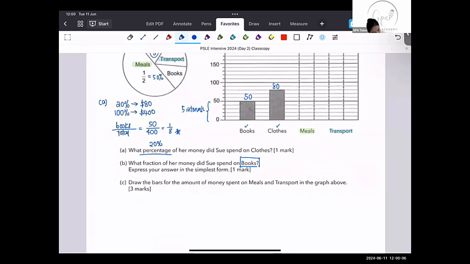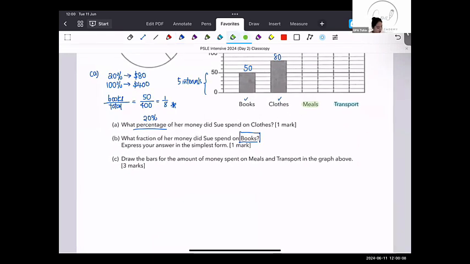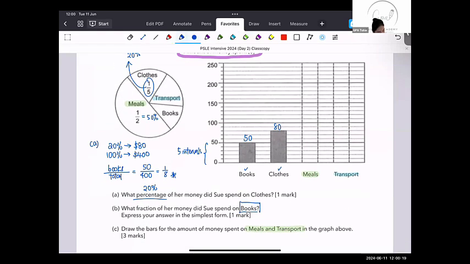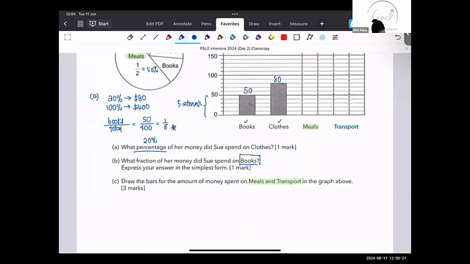Draw the bars of the amount of money on meals and transport in the graph shown above, and it's 3 marks. So how do I do it? Because you know that 50% is meals, and 20% is $80, so 10% will be, divide by 2, $40.